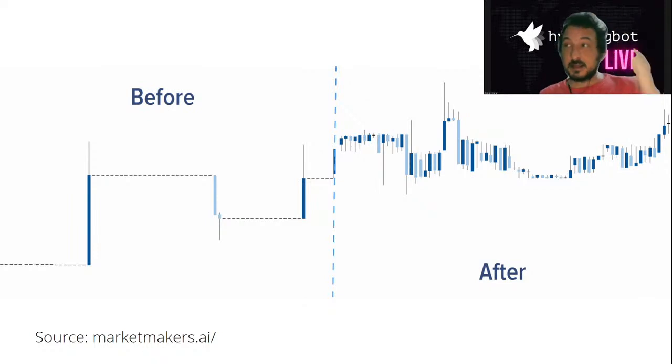It's easier to see how the price is moving, where people are mostly buying, where the price is that market participants are looking to trade.